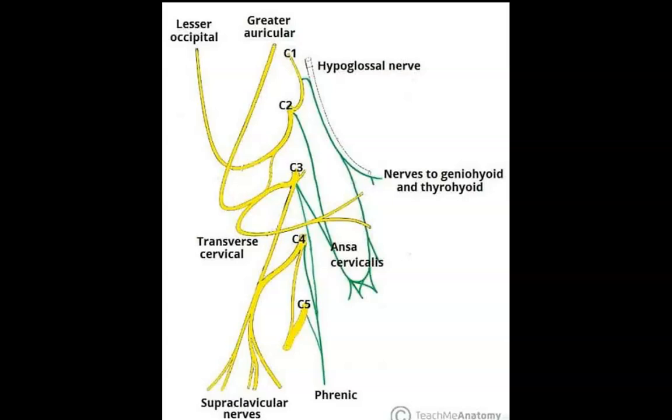To remind you, there is a motor part and a sensory part, and the motor part, most important, C2, sometimes C3, and C2, C3 sharing in the ansa cervicalis, with the descendens cervicalis coming from C2, C3, and the descendens hypoglossi, which is C1, passing with the hypoglossal nerve and forming the ansa cervicalis, supplying the pretracheal muscles.